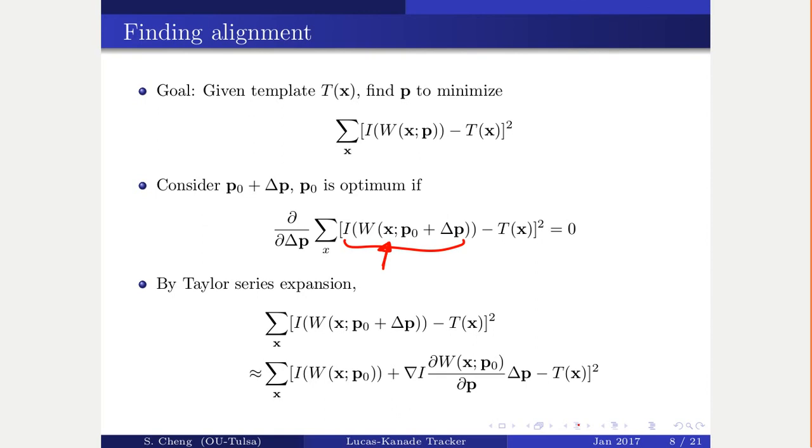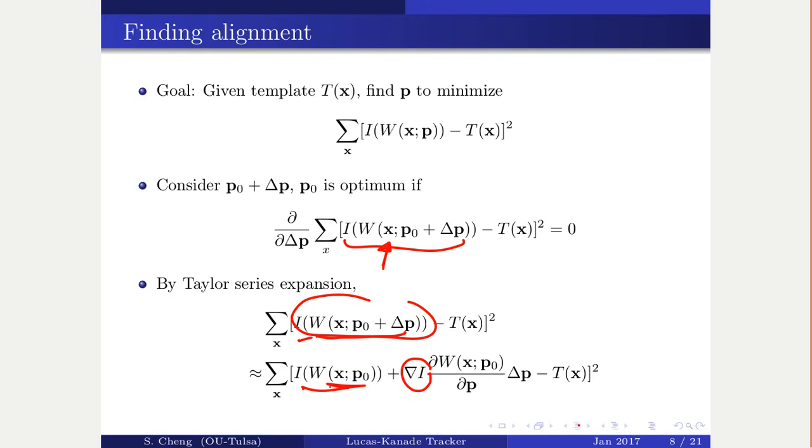I first have this term here, and then this term, and then basically the Jacobian of this function with respect to delta p. In this case, actually the gradient, because it's a scalar function. And because this is a composite function, I need to first take the gradient of I, multiplied by the Jacobian of W with respect to p, and then multiplied by the difference delta p here.